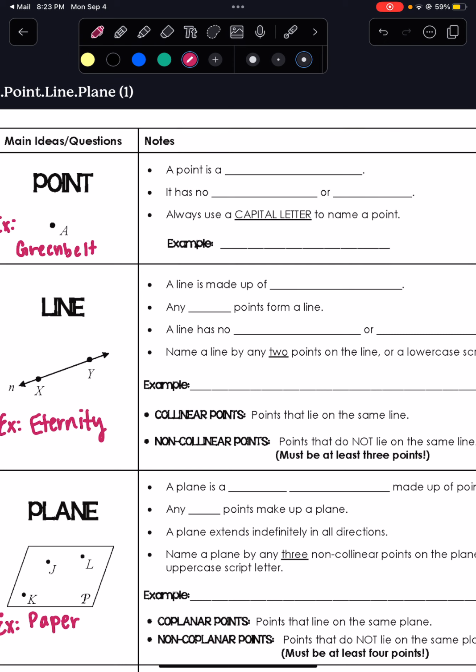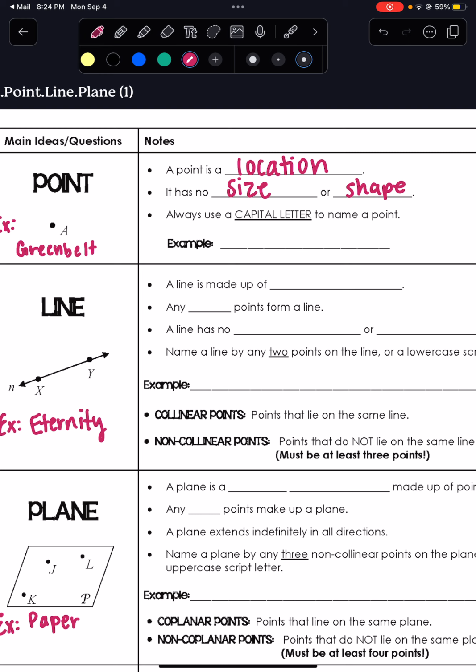So, a point... For this first bullet point, I want you to write, a point is a location. And it has no size or shape. You're always going to use a capital letter when naming a point.